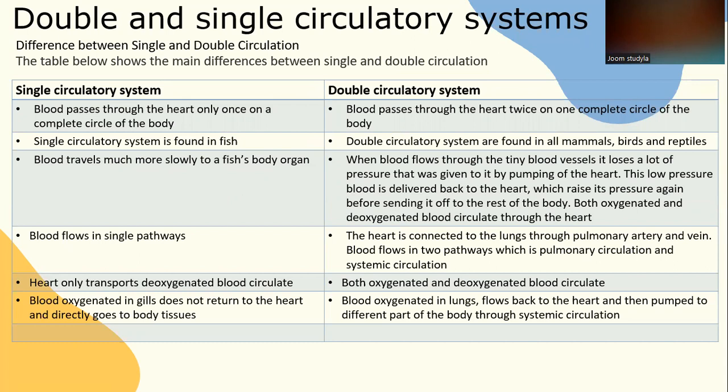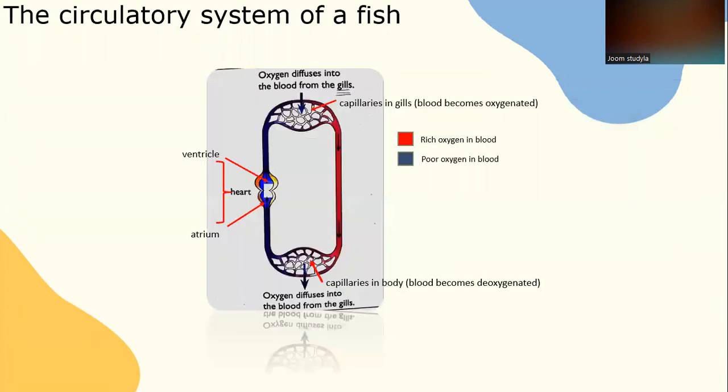In the single system, blood oxygenated in the gills does not return to the heart and goes directly to the body tissue. But in the double circulatory system, blood oxygenated in the lungs flows back to the heart and is then pumped to the different parts of the body through systemic circulation.